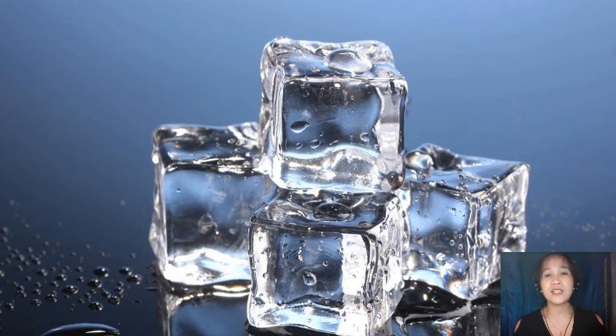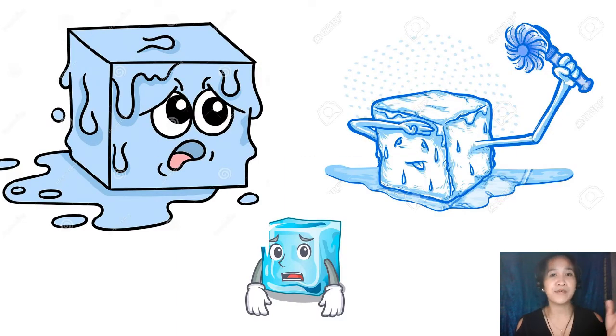So this increases the kinetic energy of the molecules, and as the heat transfer continues, the particles gain more and more kinetic energy. The molecules vibrate faster and faster and at some point have enough energy to overcome the forces that hold them in their fixed places in the solid.